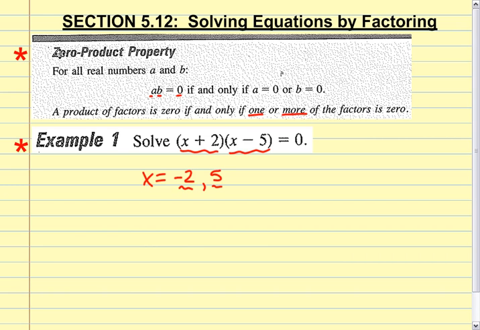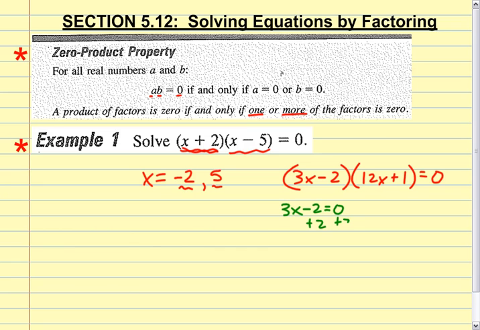But if these things are a little more complicated, like 3x minus 2 times 12x plus 1 equals 0, I can't just see automatically what x needs to be. That's okay. All I do is say, well, what makes 3x minus 2 equal 0? And I just solve that little equation.